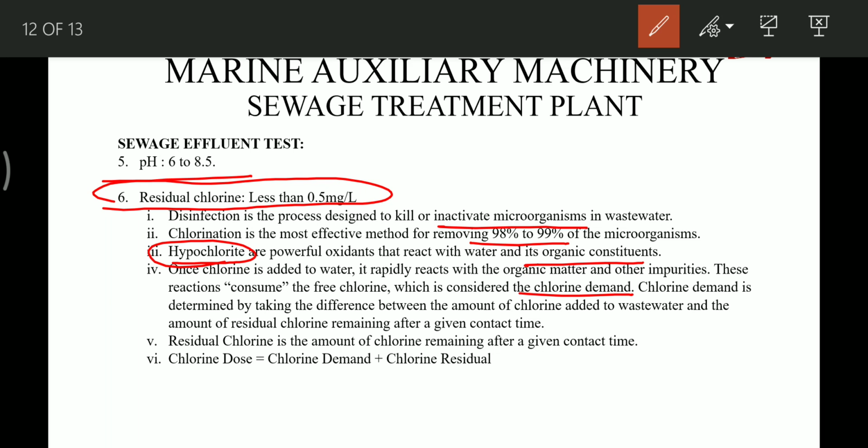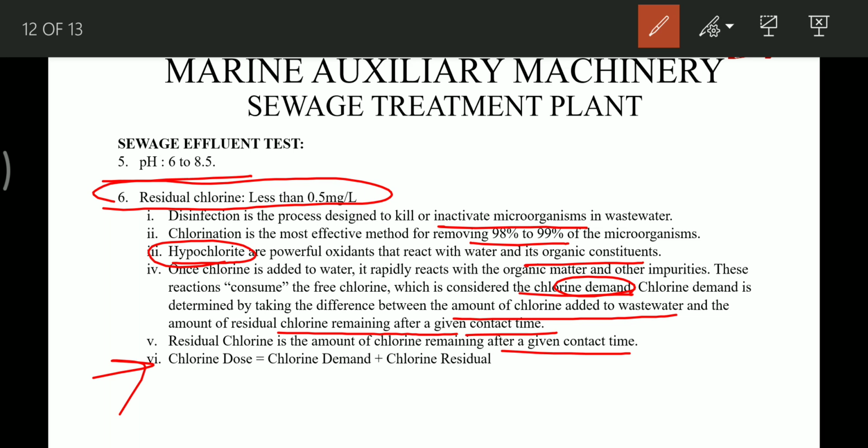So the chlorine which is used for this killing and inactivation is called the chlorine demand. The chlorine demand is determined by taking the difference between the amount of chlorine added to the wastewater and the amount of residual chlorine remaining after the contact period of time. So residual chlorine is the amount of chlorine remaining after the contact time.